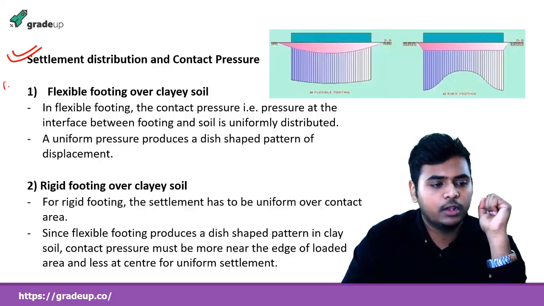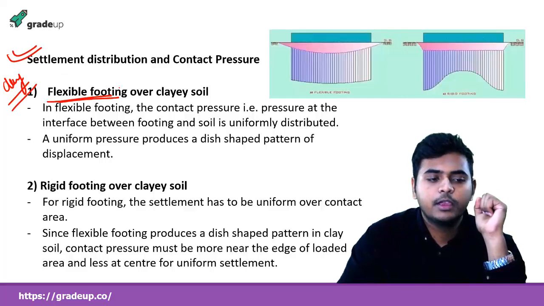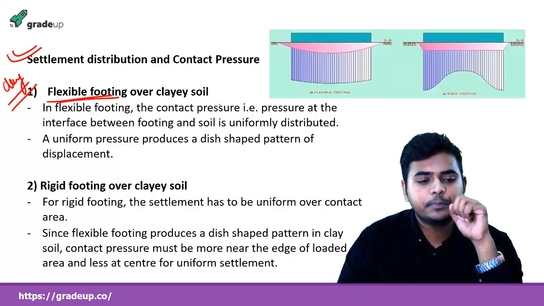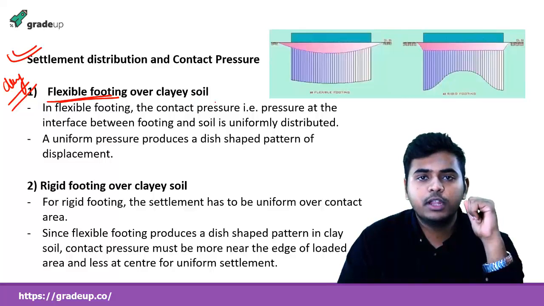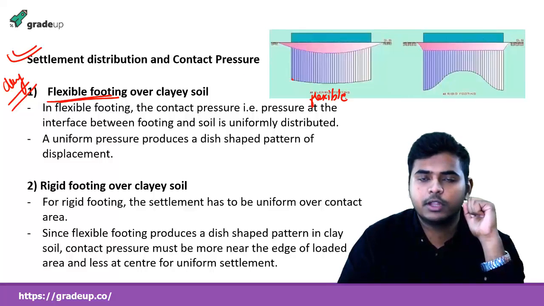First for clayey soil, for clay. First we will go for flexible footing. Now what happens in case of flexible footing? The contact pressure, that is the pressure which is acting between the footing and the soil, is uniformly distributed. This is the flexible footing.